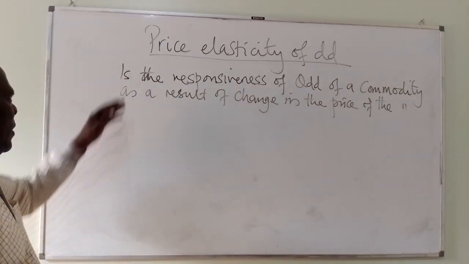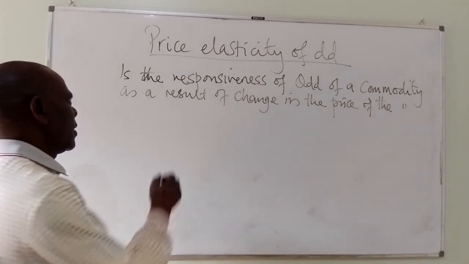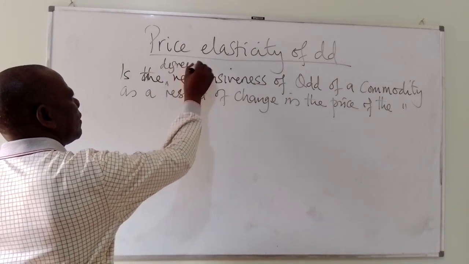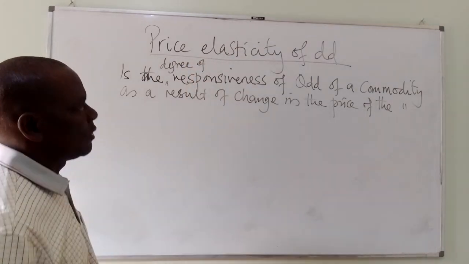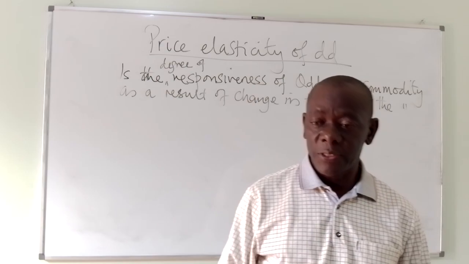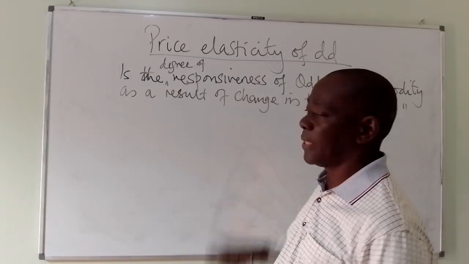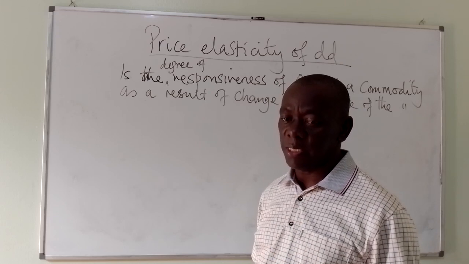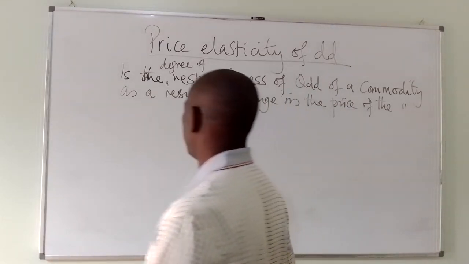That is the responsiveness, or you can say the degree of responsiveness of quantity demanded of a commodity as a result of change in the price of that commodity. So price is for the same commodity which is changing in the demand.